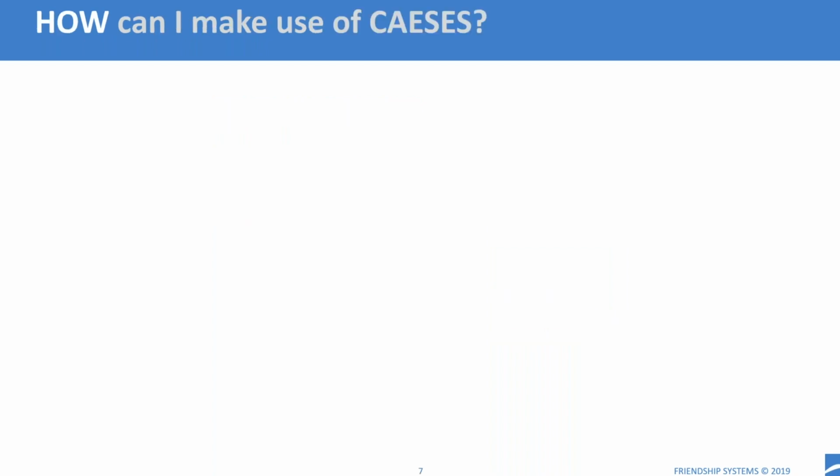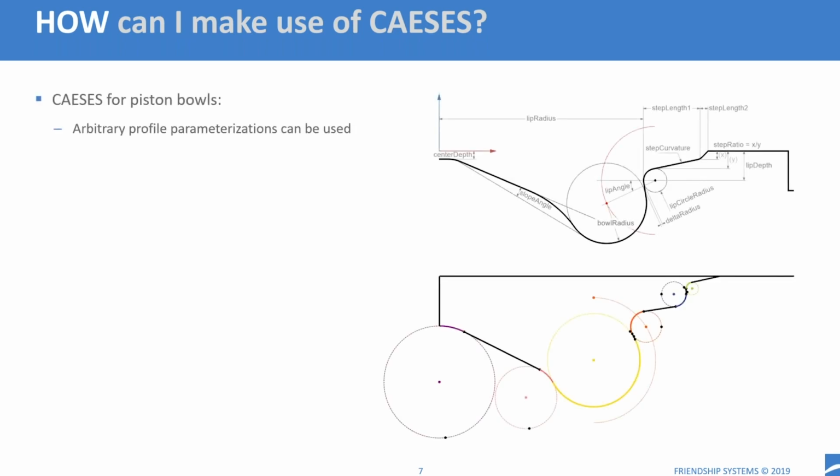So now let's come to how you can make use of CAESES specifically for powertrain applications. And I want to start with one application, which is at the moment probably the most popular application for CAESES in this field, which is piston bowl design. The capabilities of CAESES for piston bowl design are that arbitrary bowl profile parameterizations can be used.